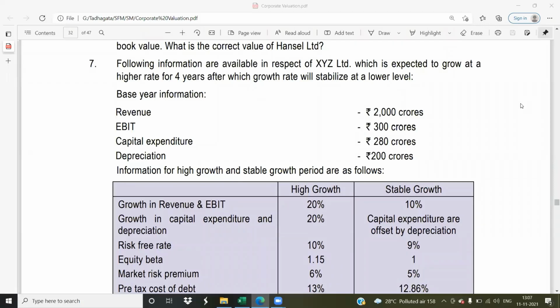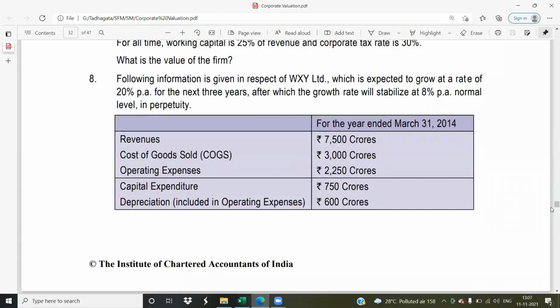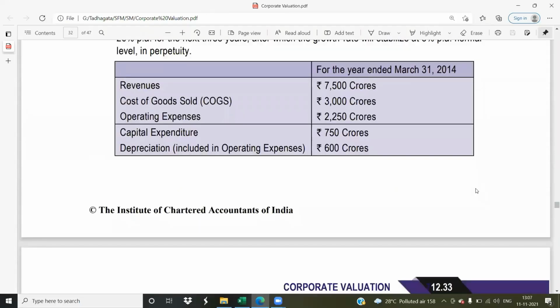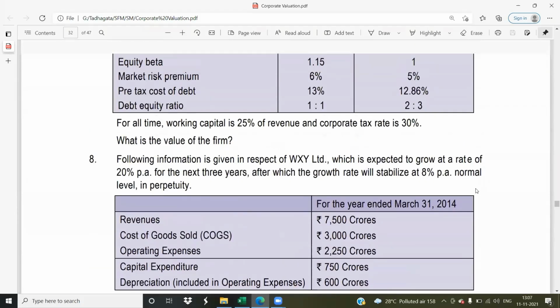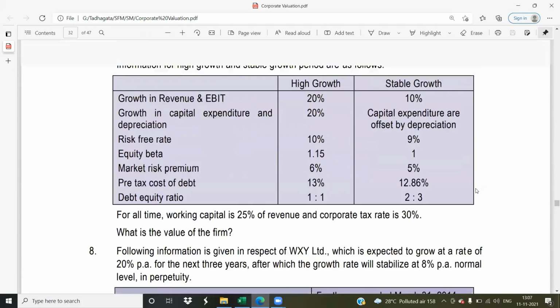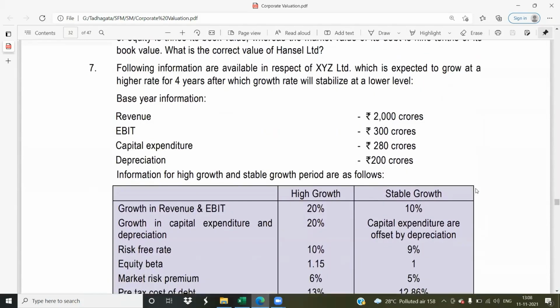Now let's do problem number 7. So what is being asked in the question? He is telling us to find out the value of the firm. Okay. Now let's read the problem. The company is expected to grow at a higher rate for 4 years, after which the growth rate will stabilize at a lower level.